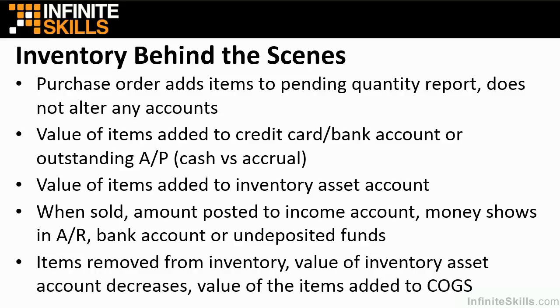The value of the inventory asset account then decreases because the items aren't there anymore, but the value of the items is added to the cost of goods sold. So now we understand what the basic steps of the inventory process are and how some things happen behind the scenes as far as accounting goes. In part two of this topic, we'll actually create a purchase order and then receive items and create a bill against those items.